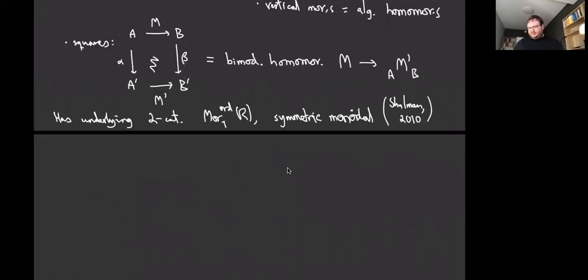Right. So the point now is that we have this two category, and it contains a lot of algebraic information about associative algebras over R. For example, we have the notion of Morita equivalence as equivalences in this two category.